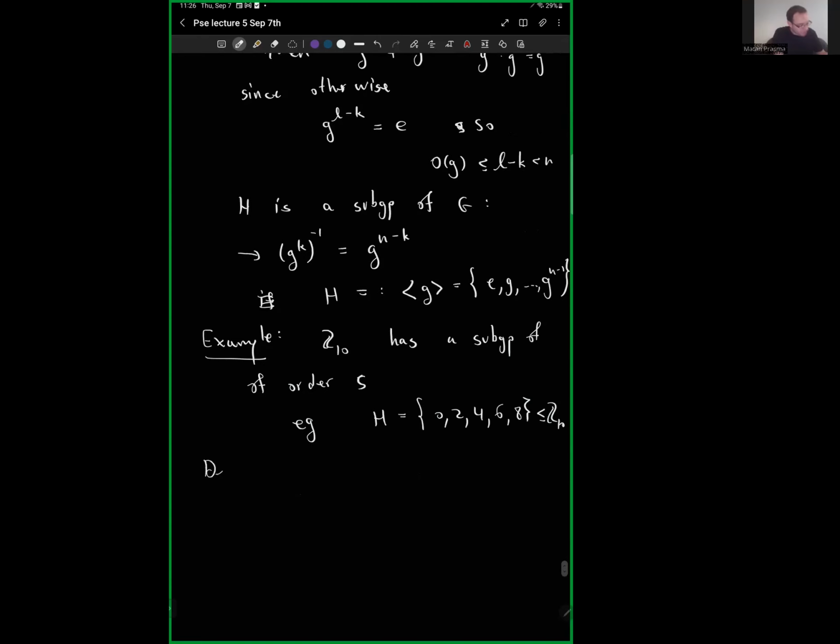Okay. So we talked about cyclic groups, but I really want to put this definition formally.